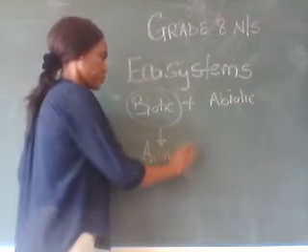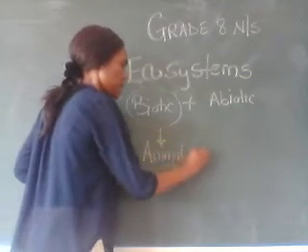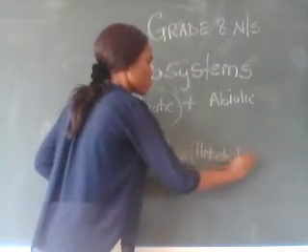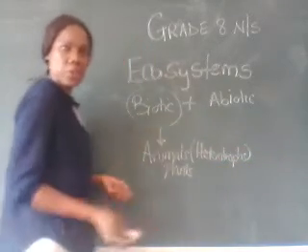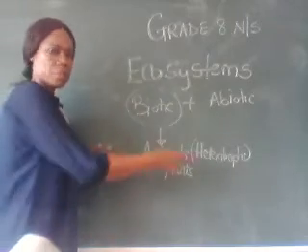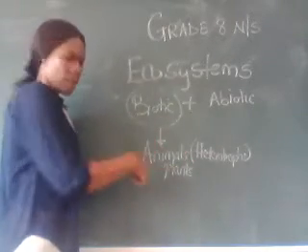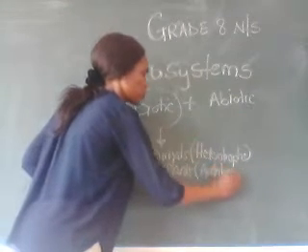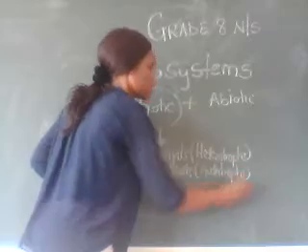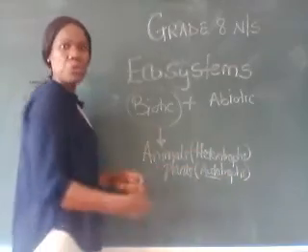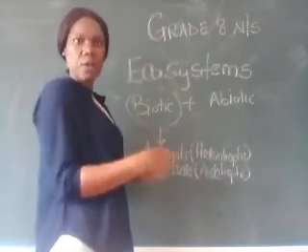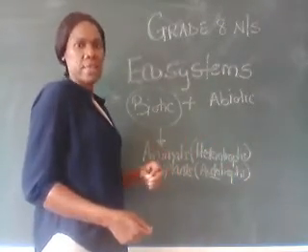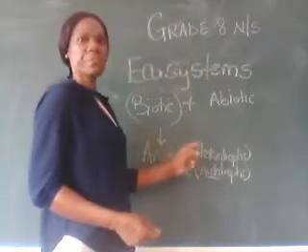All right? So that's hetero-trophs, meaning that they cannot make their own food. This group of organisms depends on the autotrophs. The autotrophs make their own food. Auto is self, and troph is the feeding level, so they feed themselves, and the heterotrophs depend on that.